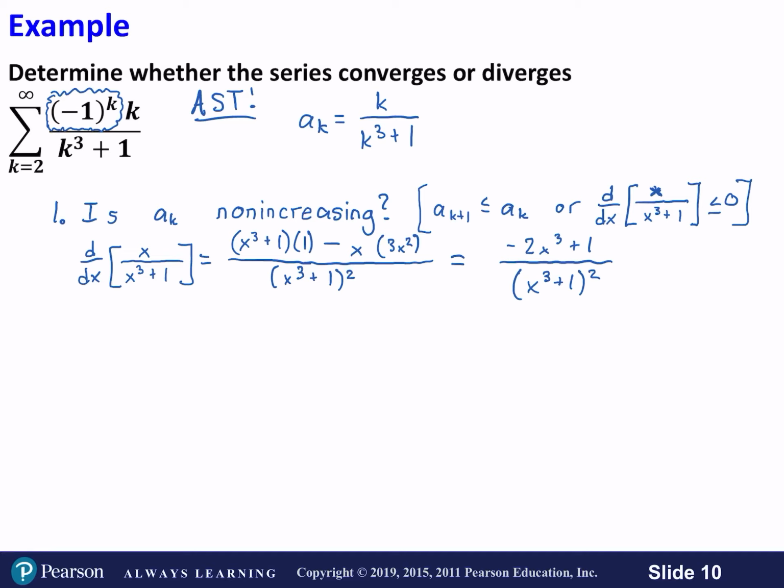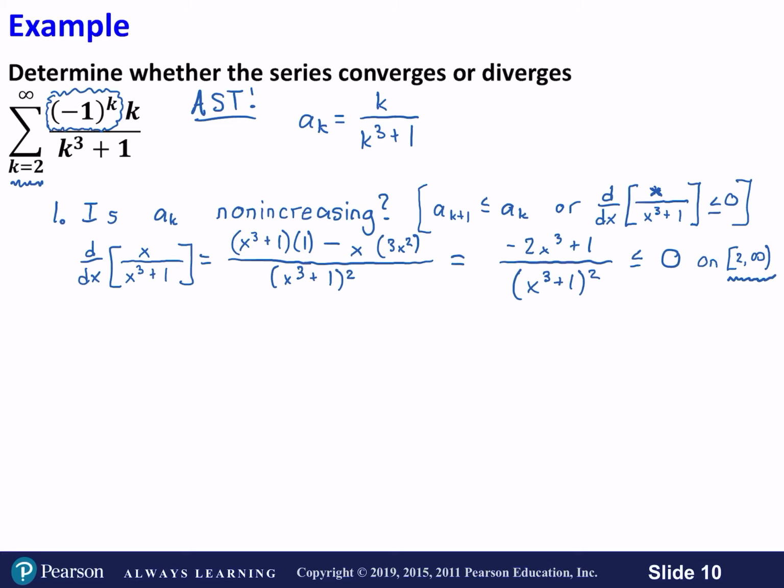So the question you have to ask yourself is: is this derivative less than or equal to 0 on 2 to infinity? The reason we care about 2 to infinity is because our first index over here was 2, and so the range you can think of the sum as is 2 to infinity.